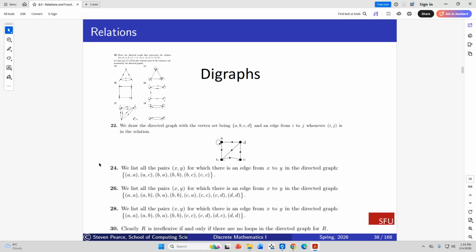Here we list all the pairs: AA, AC, BA, BB, BC, CC. Second one, same thing: AA, BB, CC. And for the last one, AA, AC, BA, BB, BC, CC. So each node has a loop. You can figure out the rest on your own. Here's a fully symmetric relation right here. You can tell just by looking at it.